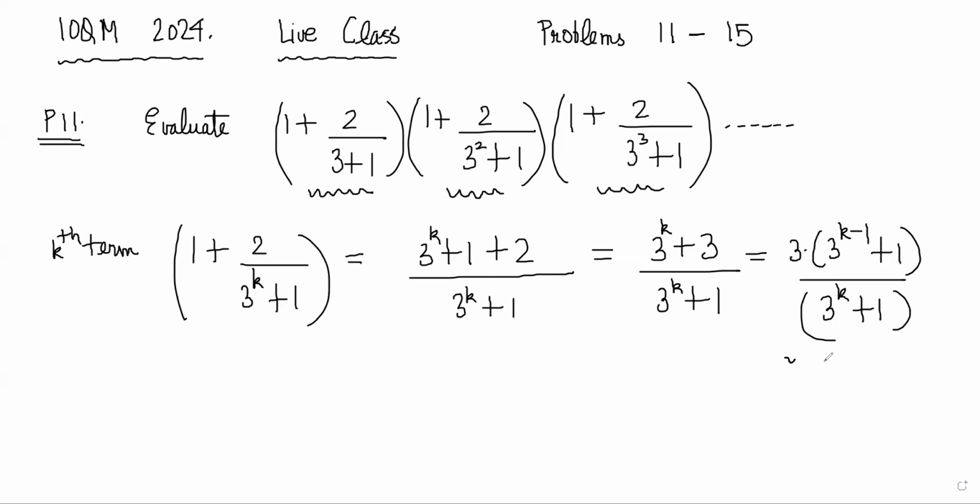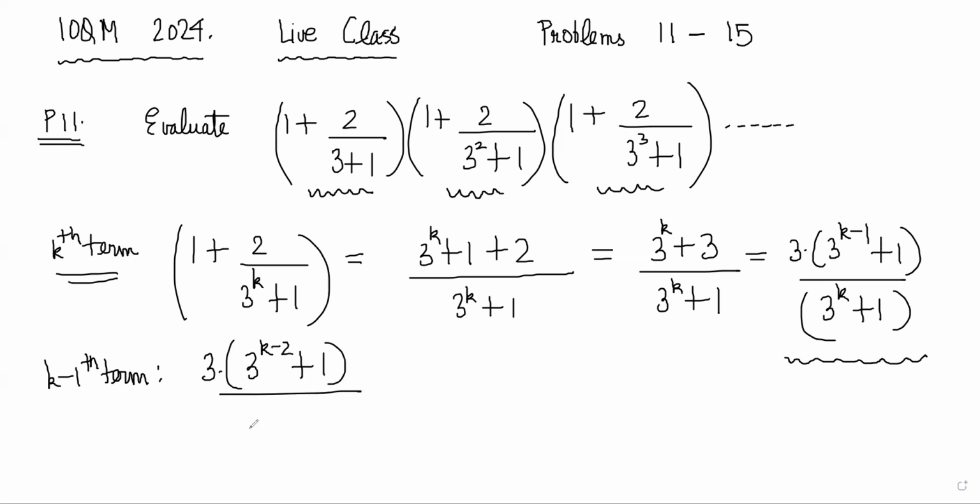This is a very important conclusion here, because now the kth term is looking like this. So think about the k minus 1th term. The k minus 1th term would have been 3 power k minus 2 plus 1 divided by 3 power k minus 1 plus 1. And similarly, the k plus 1th term, all the terms you can write like this.